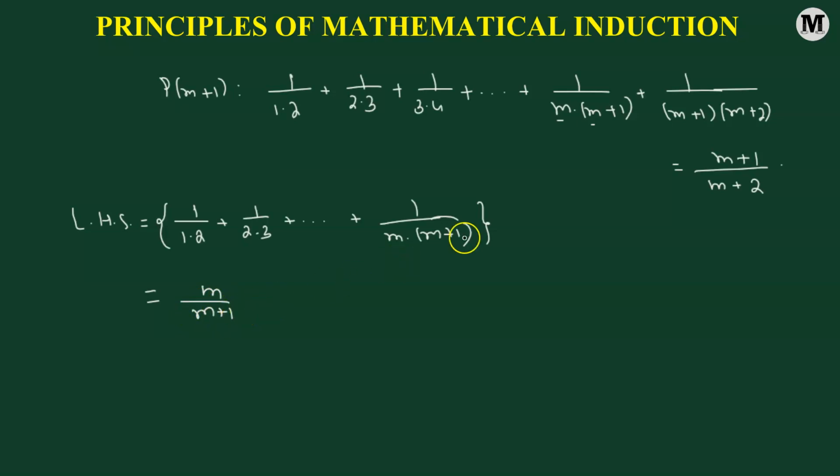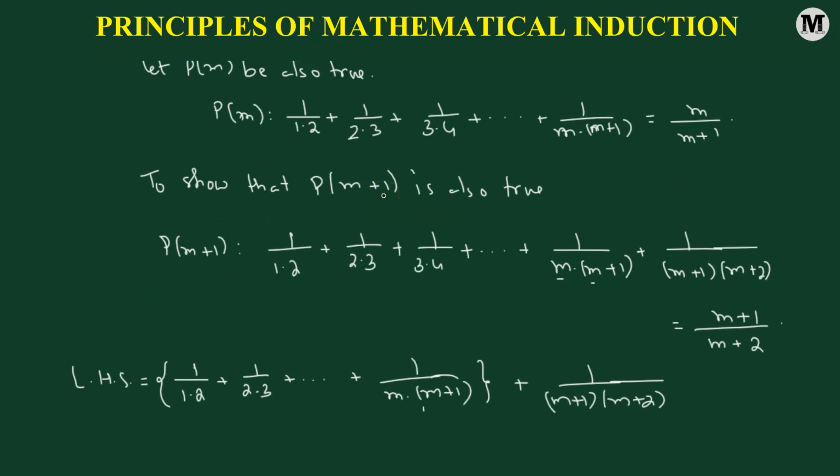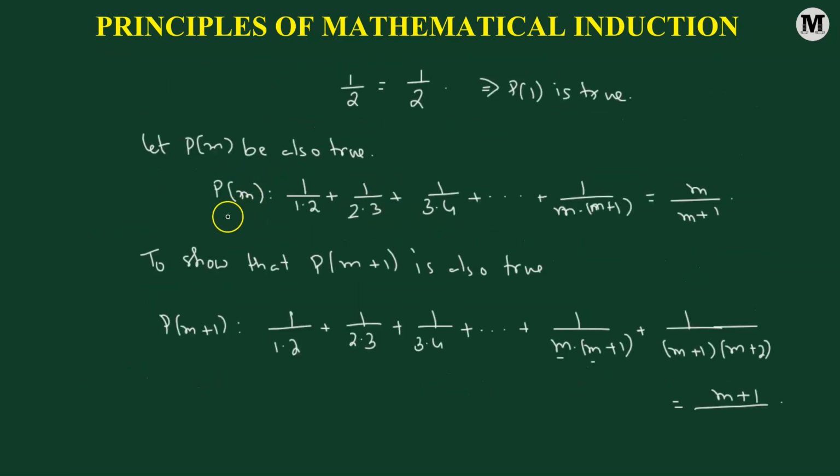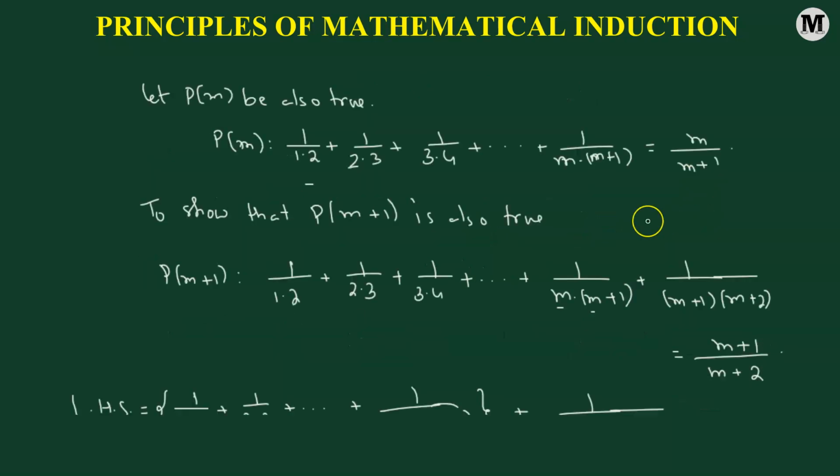Why are we doing this? Let's write down the last term as well: 1 over m plus 1 multiplied by m plus 2. The reason we're replacing the sum of these terms with m over m plus 1 is that it's already a true statement. We've considered P(m) to be true. The sum of these terms gives us m over m plus 1.